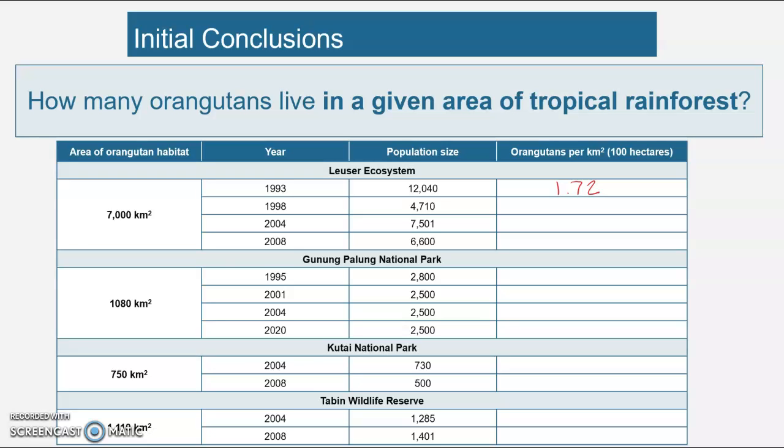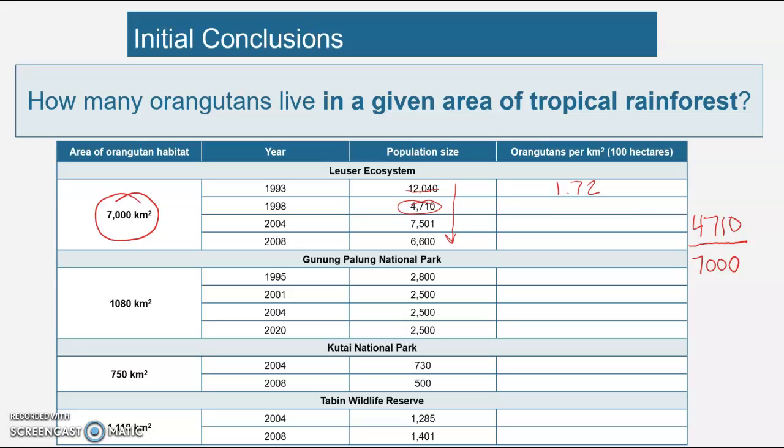What about 1998? Let's set it up again, okay? What was our population? We had 4,710, and our area was still 700 square kilometers. That did not change because that's over here, right? And then I'm just going down the population size here. So we did this first one, and now we're on the second one.